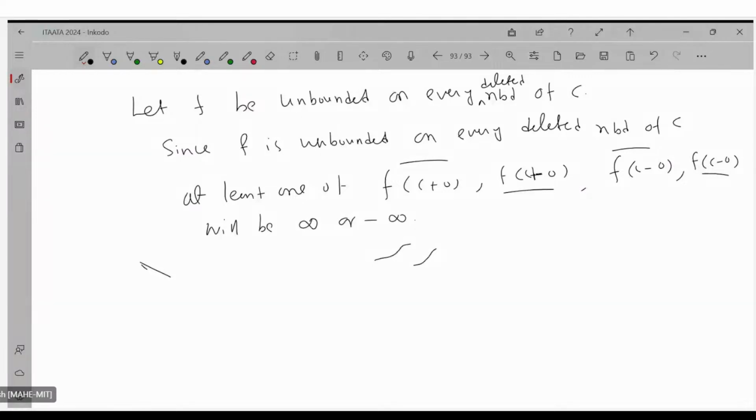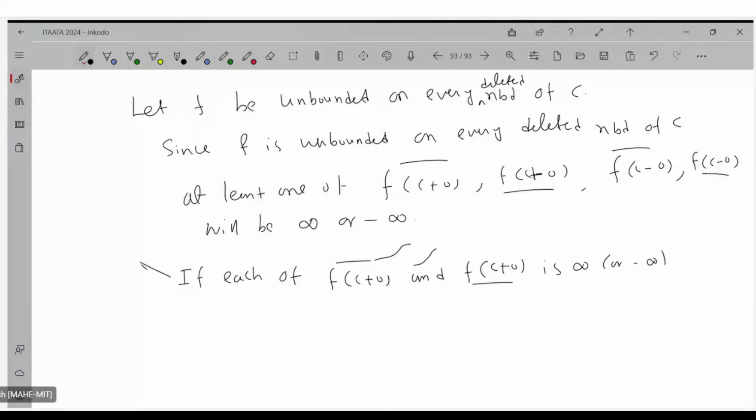If each of f of c plus 0 upper and f of c plus 0 lower is infinity or minus infinity, then f is said to have an infinite discontinuity at the right of c. Both have to be the same value, either infinity or minus infinity. In this case, we will say that f has an infinite discontinuity at the right of c.